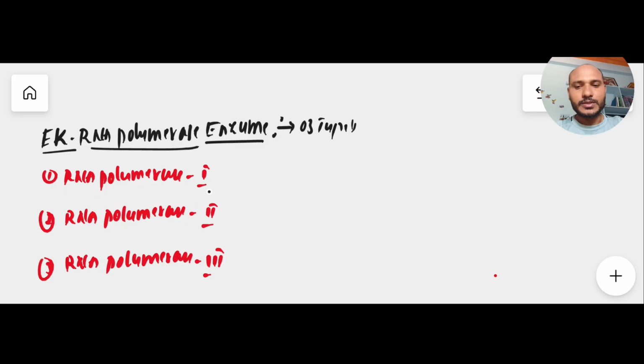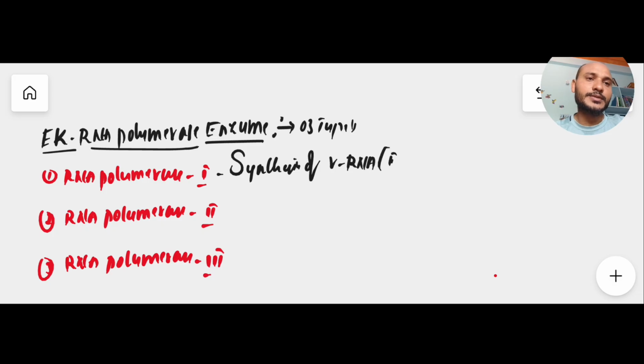RNA polymerase 1 helps in synthesis of rRNA, ribosomal RNA. It synthesizes all types of ribosomal RNA, but except 5S rRNA.